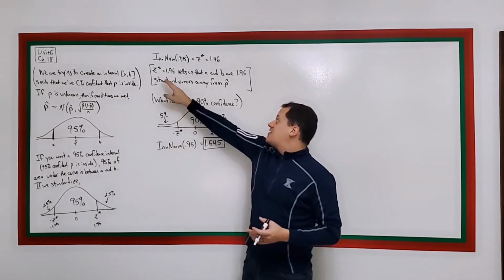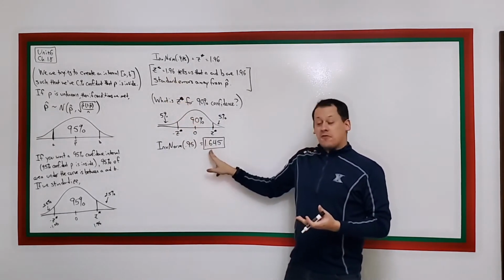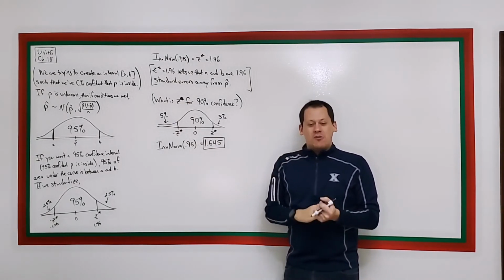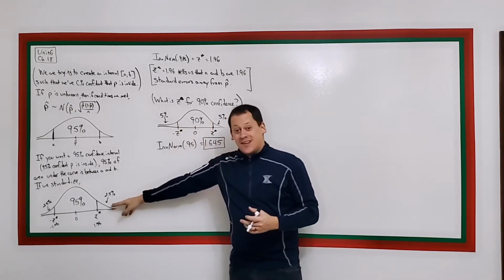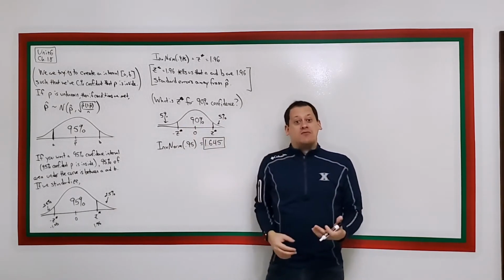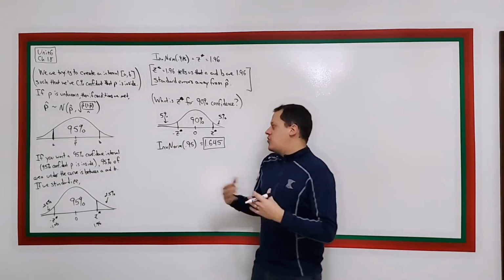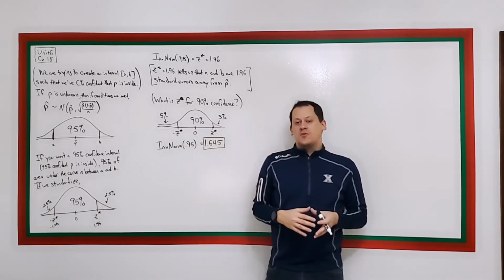So the Z star values of 1.96 for 95% and 1.645 for a 90% confidence interval, those are going to be ones that you can probably remember. You might not have to go through drawing the curve and using inverse norm. That's not to say they're the only ones. I could make that any value, but the most common ones are 90 and 95%.